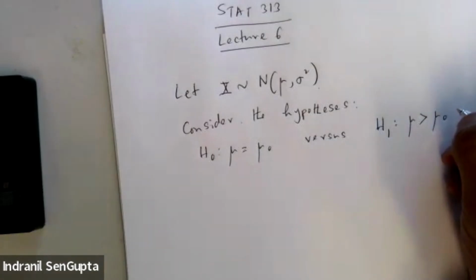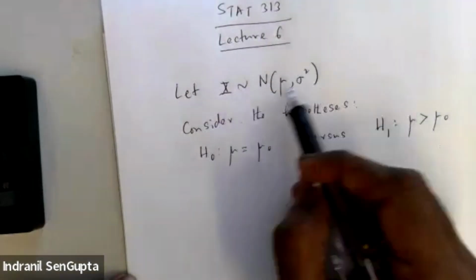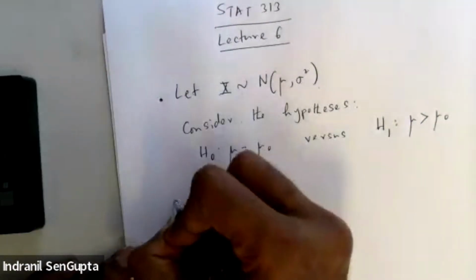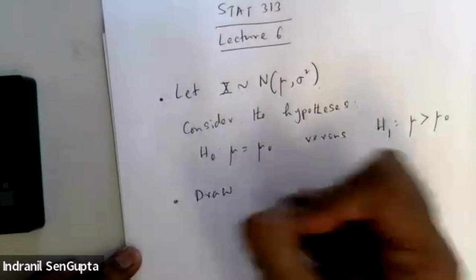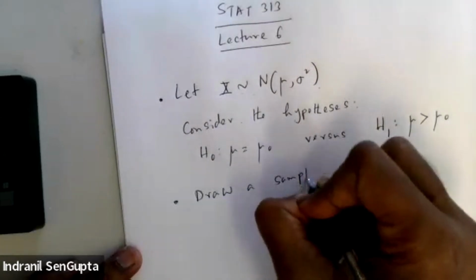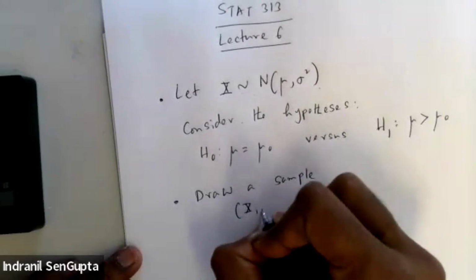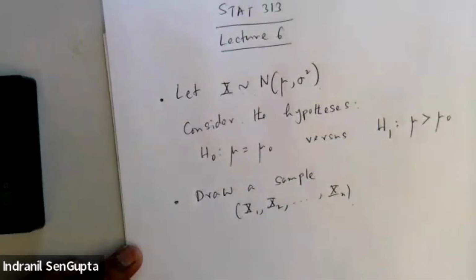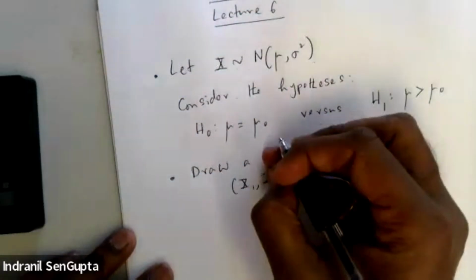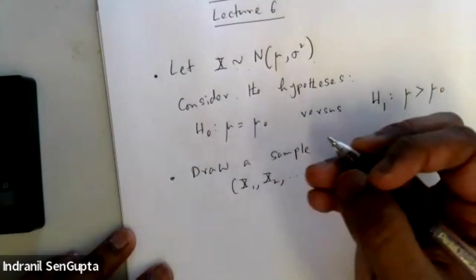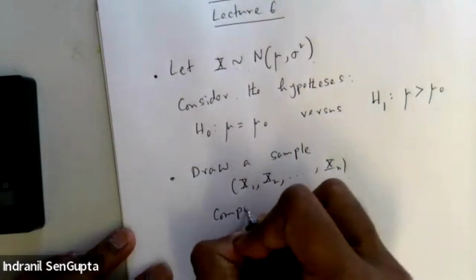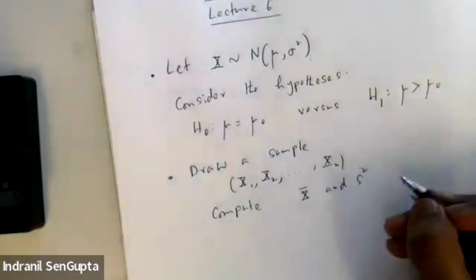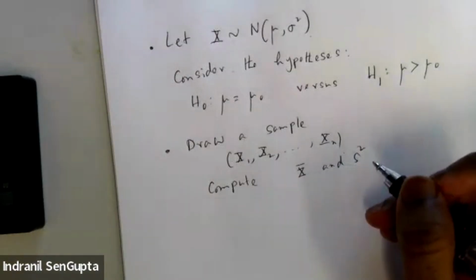Now, since X follows a normal distribution, we can draw a sample as we have done before, X1, X2, ..., Xn, and compute the sample mean X bar and the sample variance S squared. I'll not write what these are; you all know it by now.